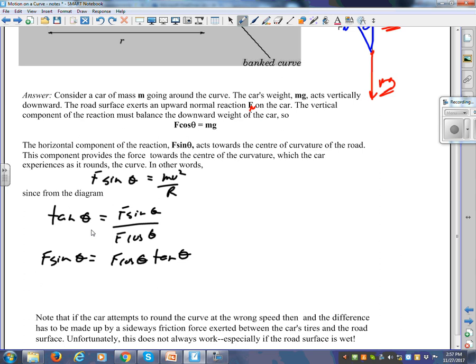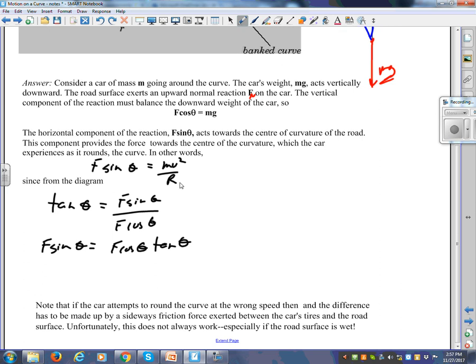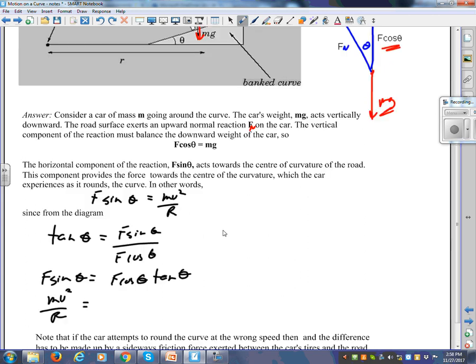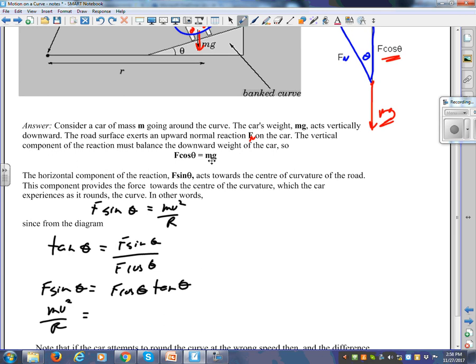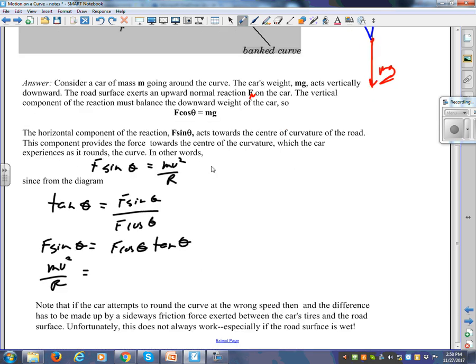Don't worry, I'll put it in a box for you when we're done. F sine theta was equal to mv squared over r. So mv squared over r is equal to, now what's F cos theta? mg. So we get tan theta.